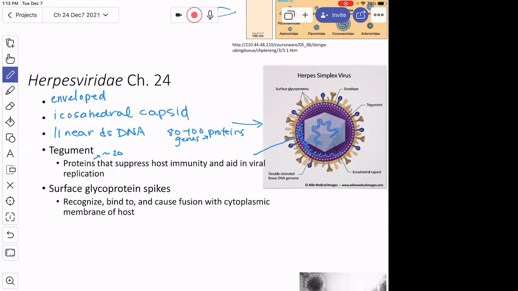So sometimes some of them aid in viral replication, some of them aid in entry into the host cell, some of them act to suppress host immunity. For example, there are some that downregulate MHC class 1.